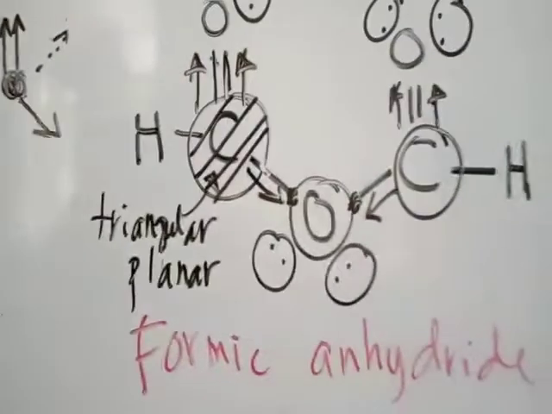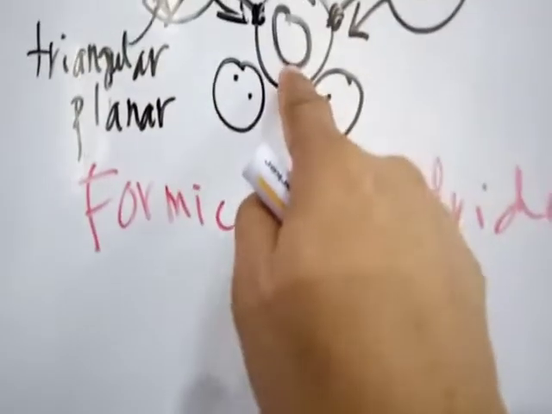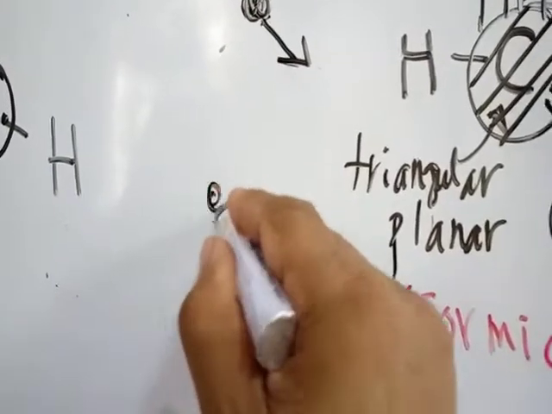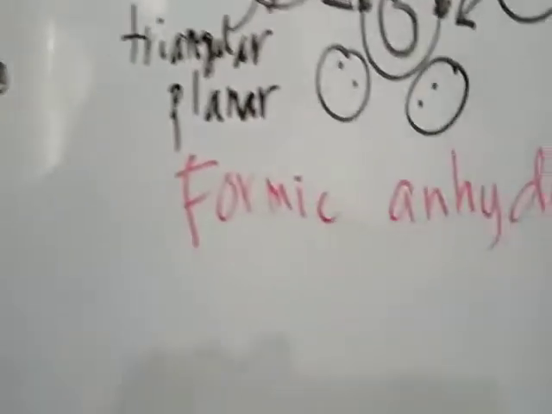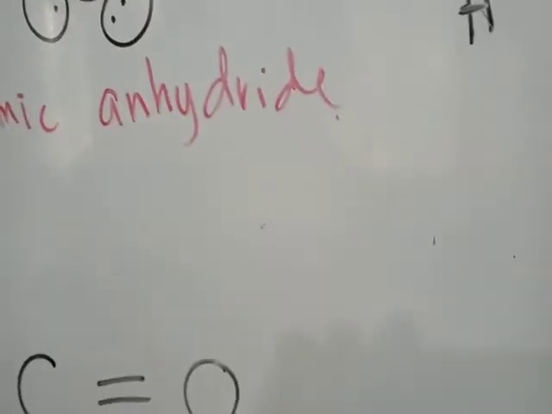Now let's take a look at this central atom and isolate it here. That is the oxygen. So that is bent.